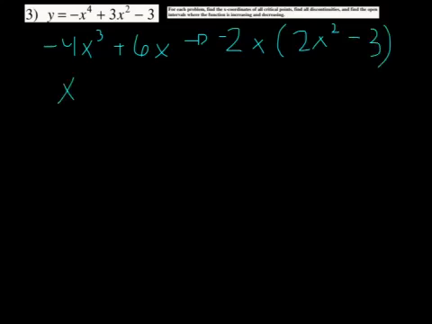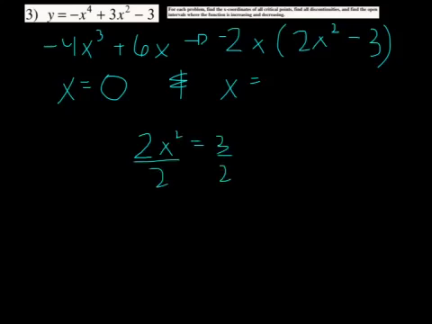So the first x coordinate would equal 0, and the second x coordinate would equal, let's see, 3. It would be 2x squared equals 3, divided by 2, and then the square root of that would make it plus or minus square root of 3/2.